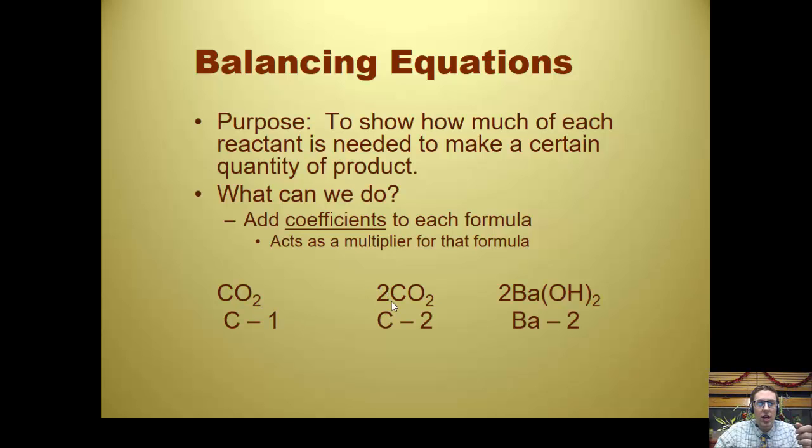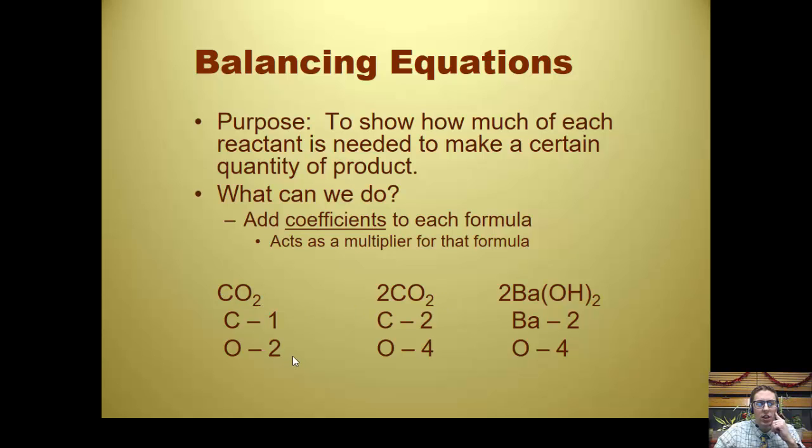But if we have a coefficient out front, that means this is going to multiply past everything beyond it. And this is going to multiply everything too. So again, like I said, 1 carbon. This coefficient means now we have 2 carbons. This coefficient means we have 2 bariums.